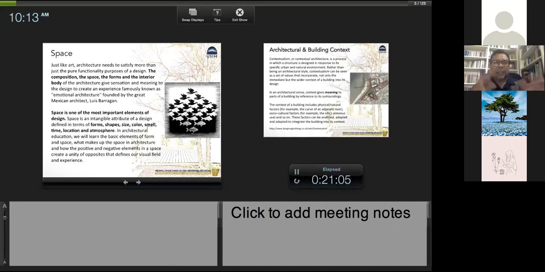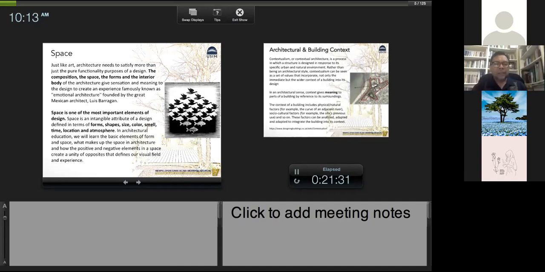So this is our job as a designer, right? And you are now, inshallah, at the beginning, we will assist you and help you. Space is one of the most important elements of design. Space is an intangible attribute of the design, defined in terms of form, size, color, smell, time, location, atmosphere.